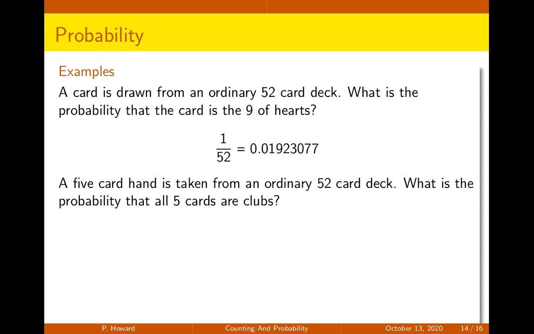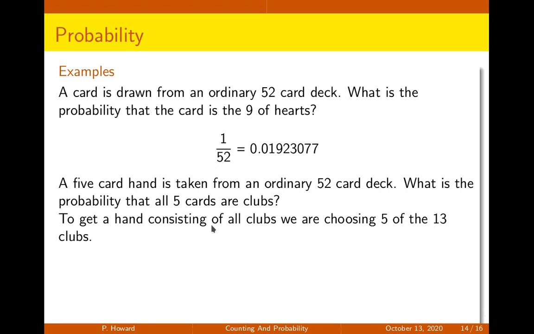Now let's suppose we take a 5 card hand from an ordinary 52 card deck. We saw on the previous slide that there are more than 2.5 million possibilities for a 5 card hand. And we want to know here the probability that all 5 cards in the hand are clubs. So to get a hand consisting of all clubs, we are choosing 5 of the 13 clubs and not putting them in order. Remember, we use combinations when dealing with hands of cards.